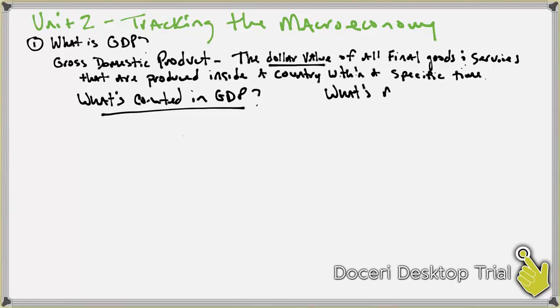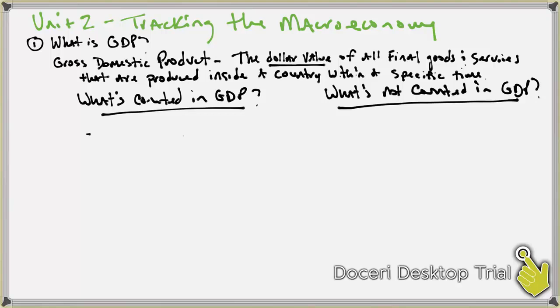And it's going to be important that we can understand or identify what transactions or things that are produced would or would not be counted in the GDP.